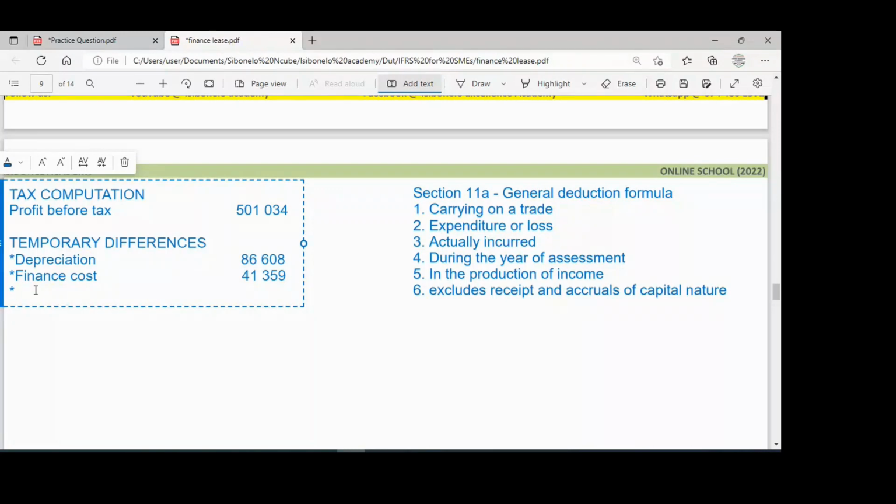So SARS will allow us to deduct the deposit because this is an expenditure, it's incurred. So SARS will allow us to deduct the 100,000. On for any expenditures incurred in connection of a machine, we paid a direct cost. So another expenditure we paid for a direct cost. So we claim the deduction there 60,000.